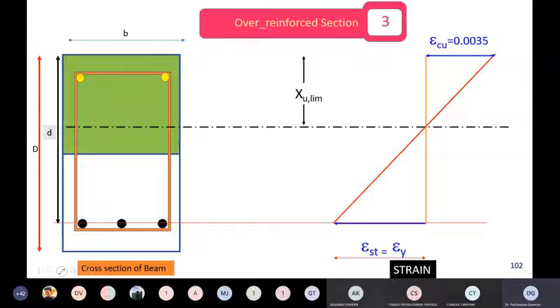Let us say you are providing AST greater than AST limit. So obviously you have T equal to 0.87 Fy into AST.